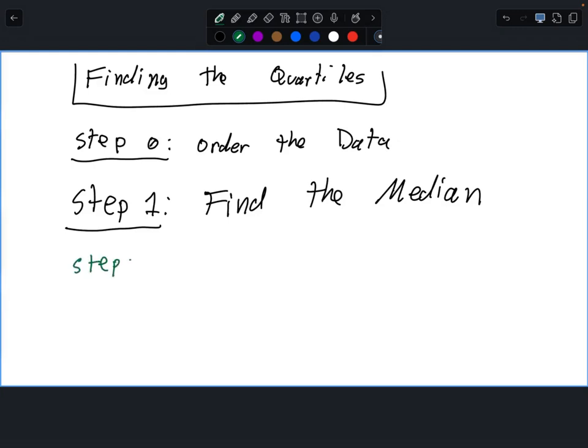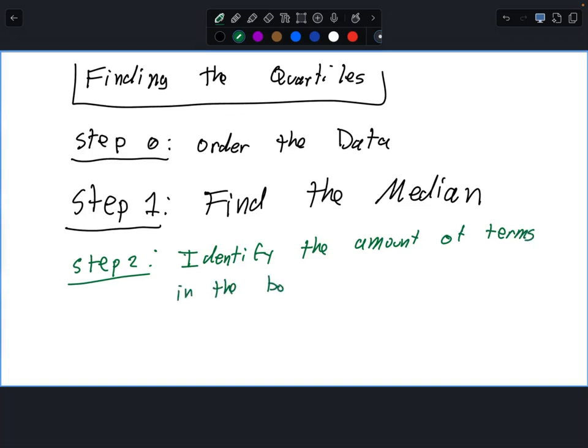Now step 2, we are going to identify the amount of terms in the bottom half.